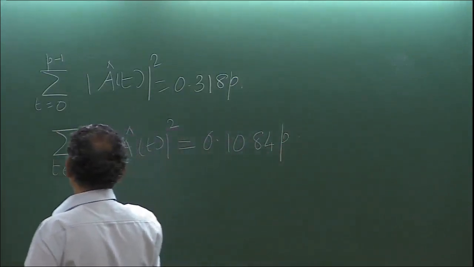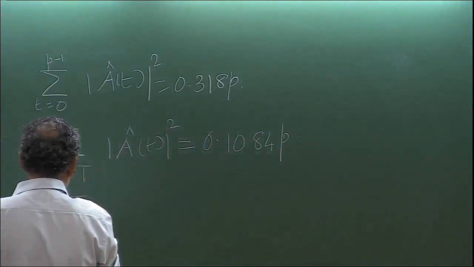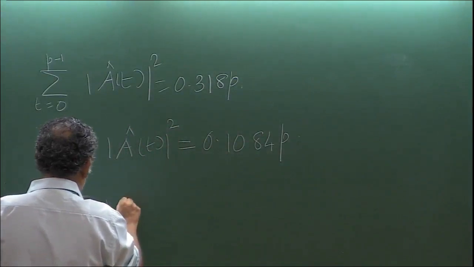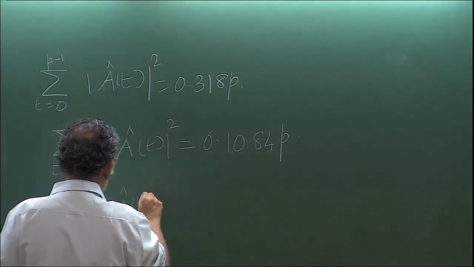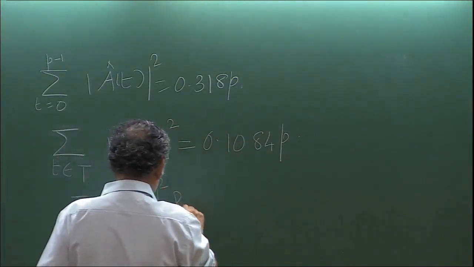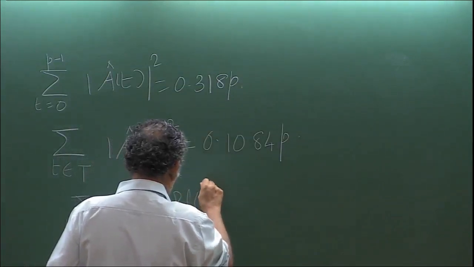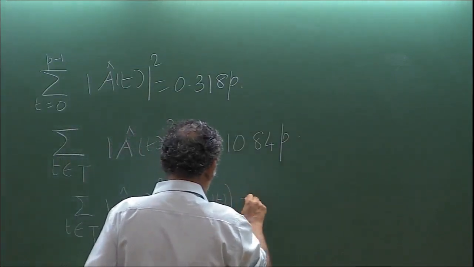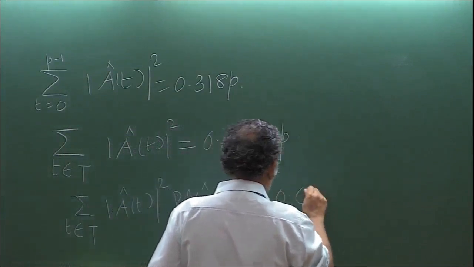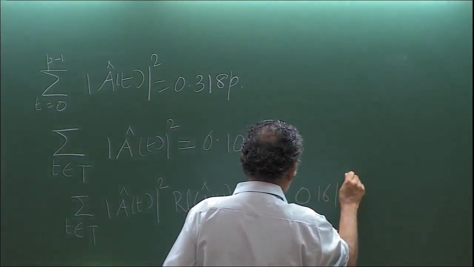And the same argument gives essentially that the sum over t belonging to T mod, of |a hat t| whole squared into the real part of a hat t is equal to minus 0.016p cubed.